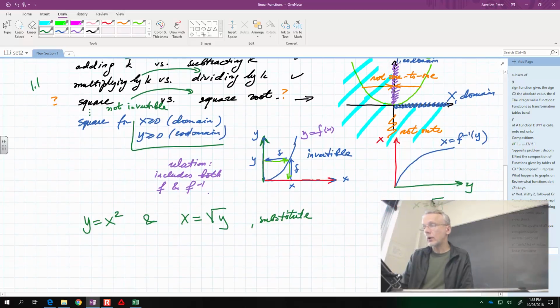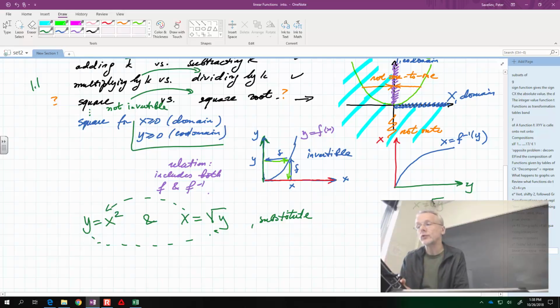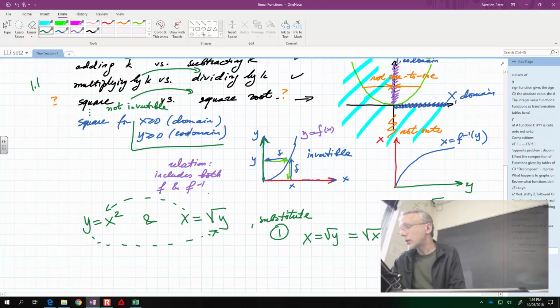That's why, when you keep the variables intact, you know where to substitute: you substitute y to replace y, and x to replace x. There are two ways to do it, and in either case you end up with what you want. Number one, I substitute: x is equal to square root of y, which is also equal to square root of x squared, which is x, as long as x is larger than or equal to 0.